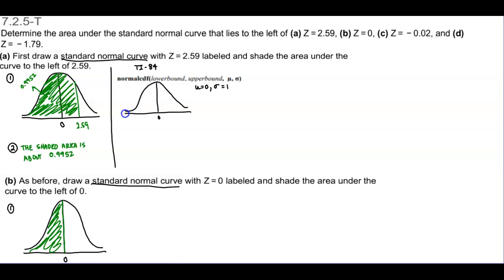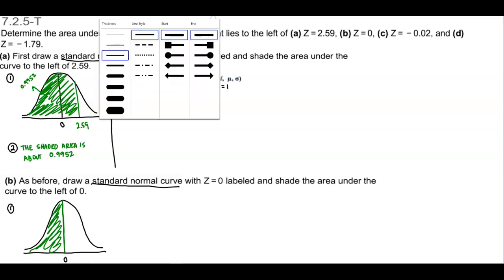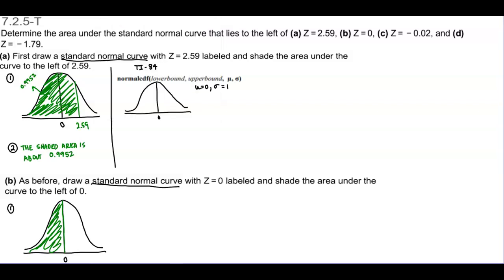Okay, and so if this is 2.59, we want to find the area from here to here. This represents the upper bound. And then over here is going to represent the lower bound.